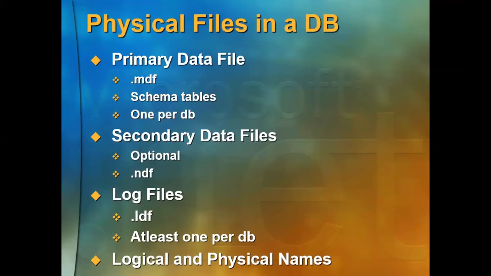Okay, so we have seen primary data file MDF, secondary data file NDF, and log files are also there. The log file stores the operations that you do on the database. Why do you have to store the operations? You store the operation because later, if I abruptly stop an operation, I have to choose to undo or redo.